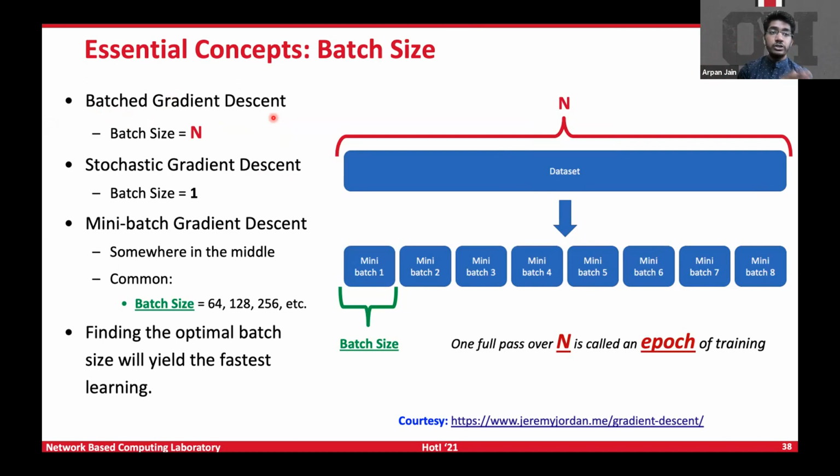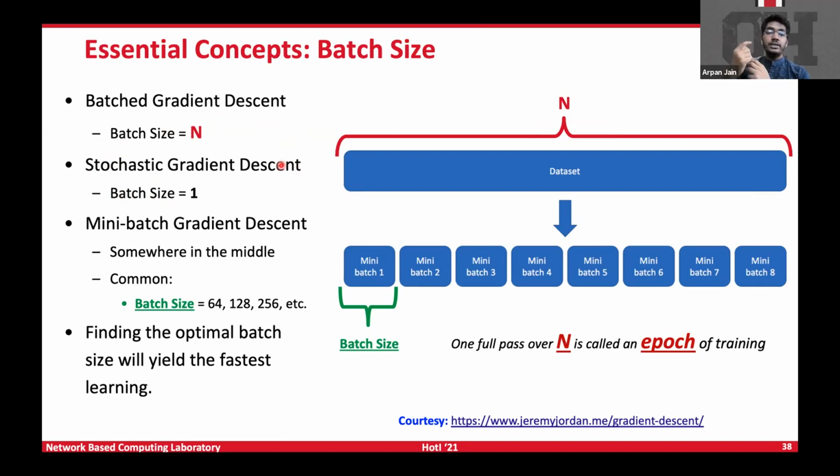This is one approach. Another approach is stochastic gradient descent, in which you take one sample, do the forward and backward pass, and update the parameters. So we are updating the parameters more frequently in stochastic gradient descent compared to batch gradient descent. There are issues with both of these approaches. In stochastic gradient descent, we are not utilizing all the compute power.